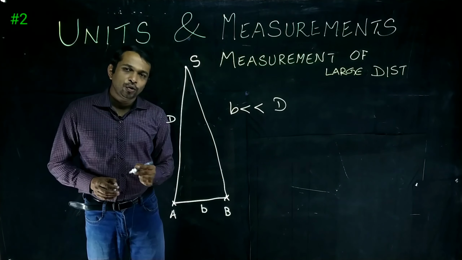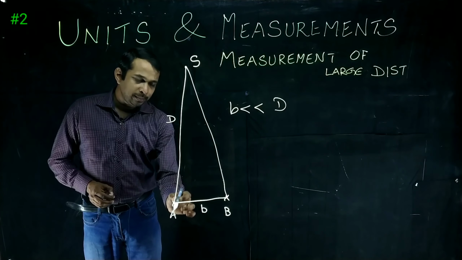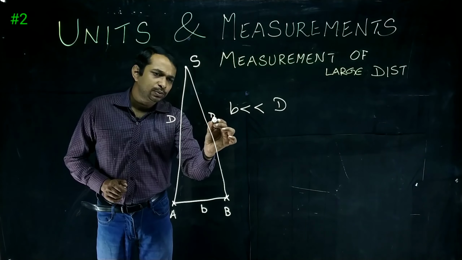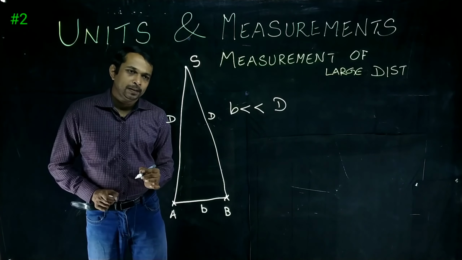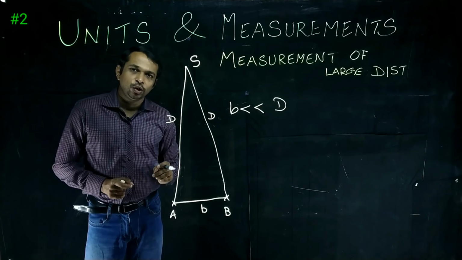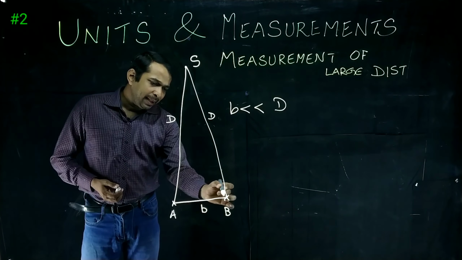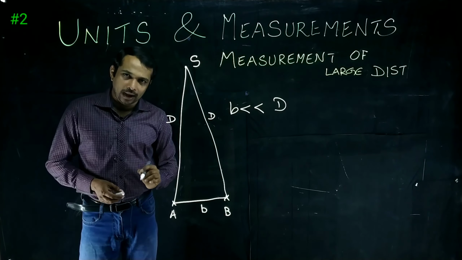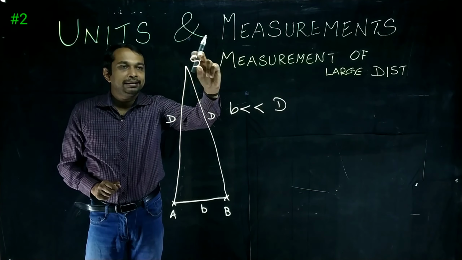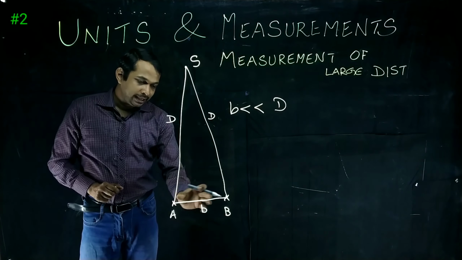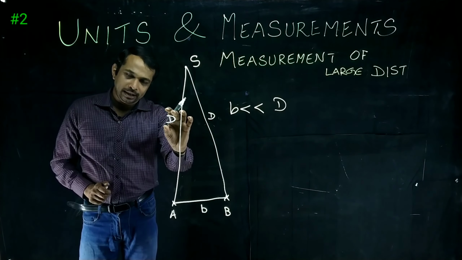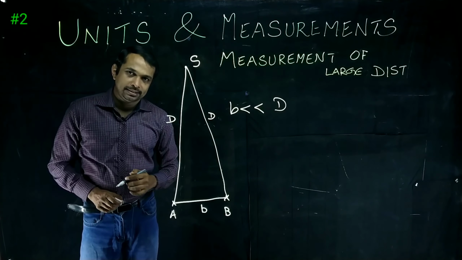So in this case, we can assume that the distance from A to the Sun and from B to the Sun are the same, so let this one also be D. Now we can assume that AB is the length of an arc of a circle with its radius D and the center S, right?